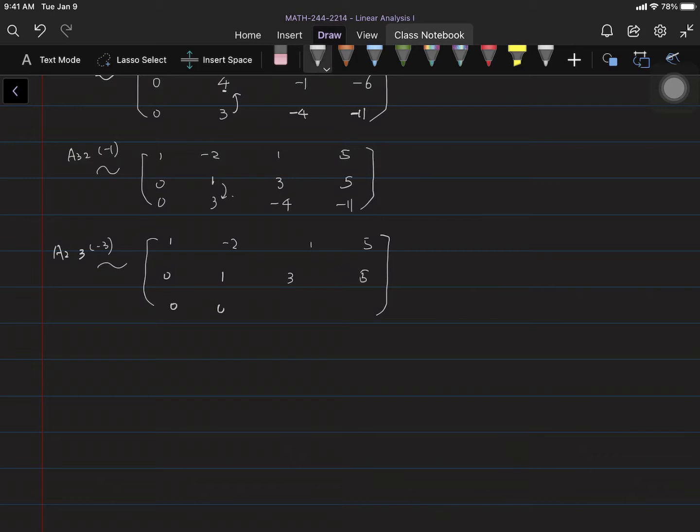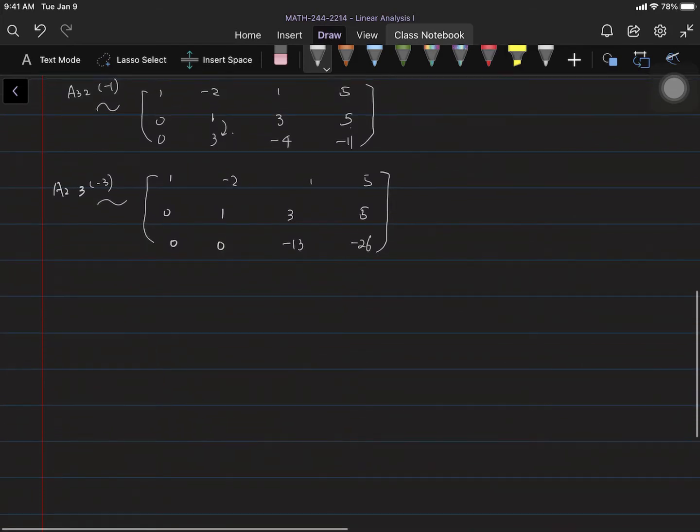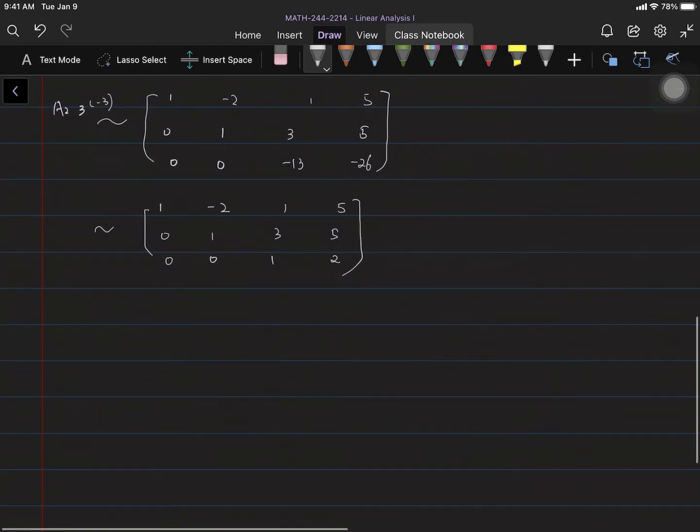So 0, 0, 3 times -3, -9, add -4, -13. -15, add -11, -26. And you can see in the last row, we can simplify: 1, -2, 1, 5. 0, 1, 3, 5, 0, 0, 1, 2, right? Okay, so this is a row echelon form.